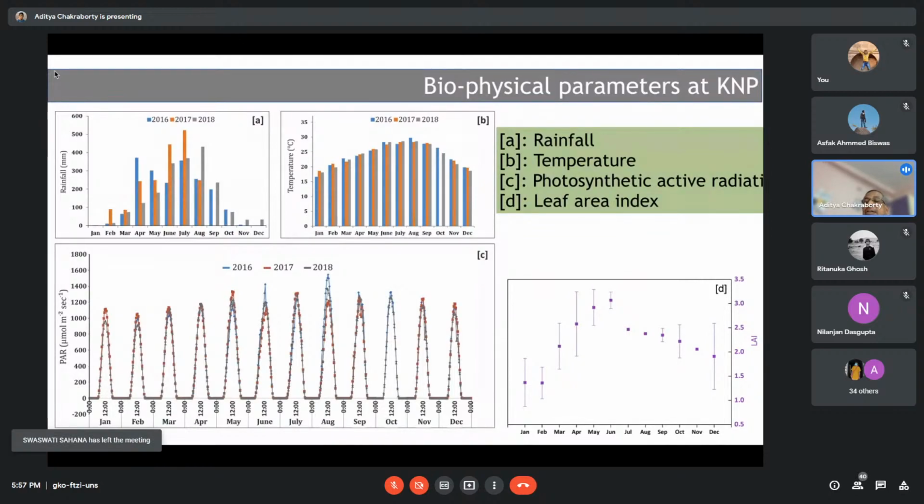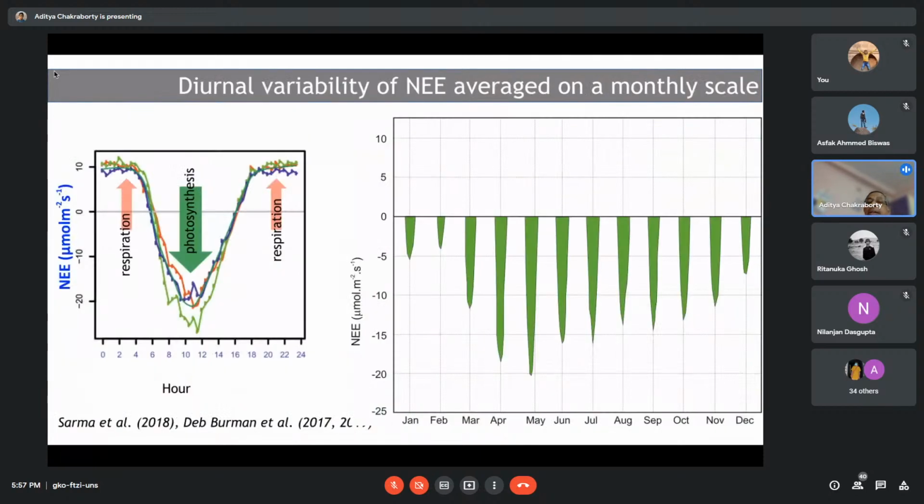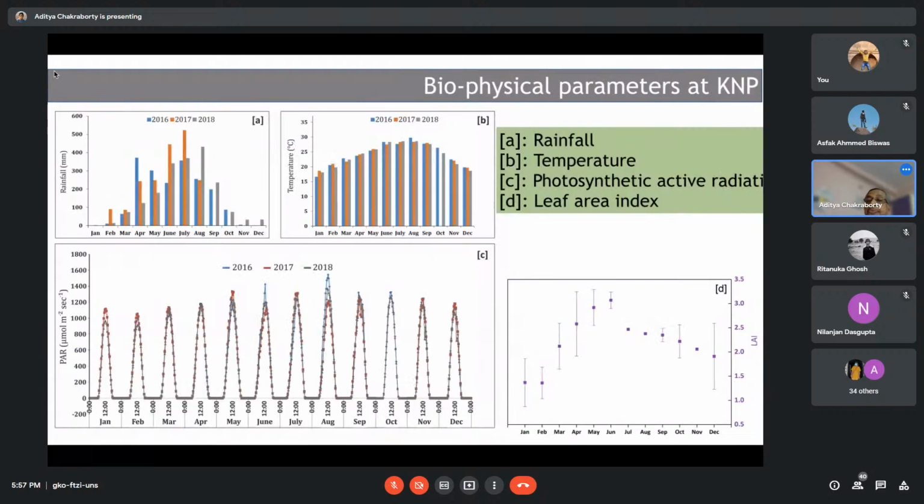And then the last right panel is the LAI, which means leaf area index. How it is measured is, very roughly speaking, how much area of a forest is covered by plants and trees.